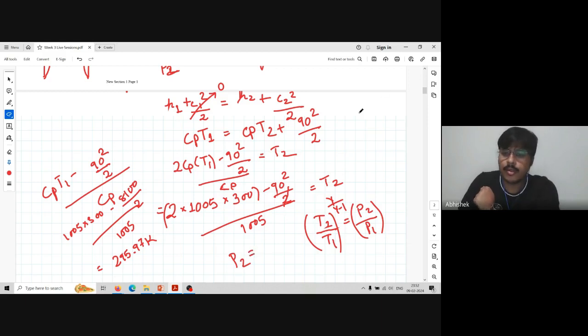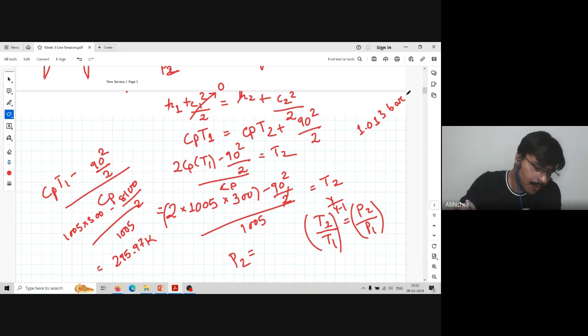P1 is given, 1.013 bar. So T2 is 295.97 divided by 300, to the power 1.4 divided by 0.4. It will come to somewhat 0.95 into 1.013, which is equal to 0.966.